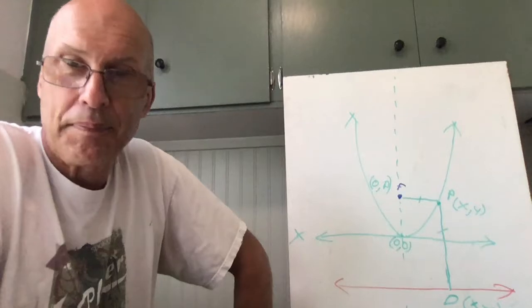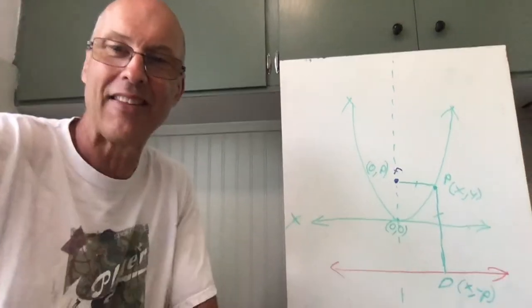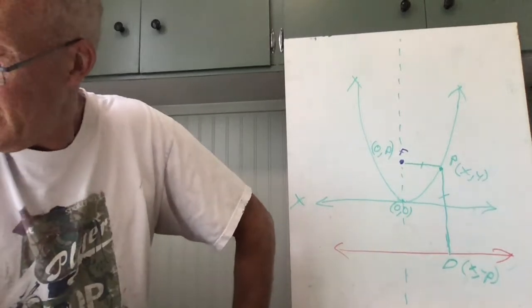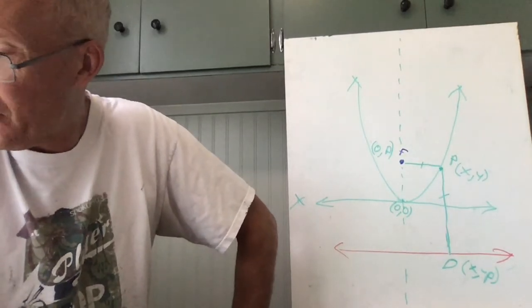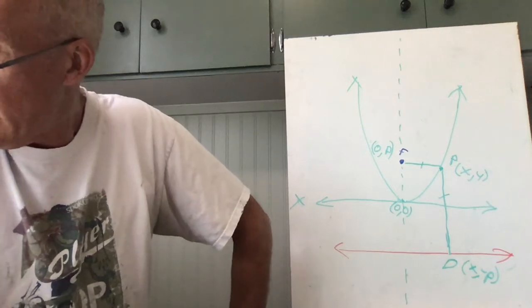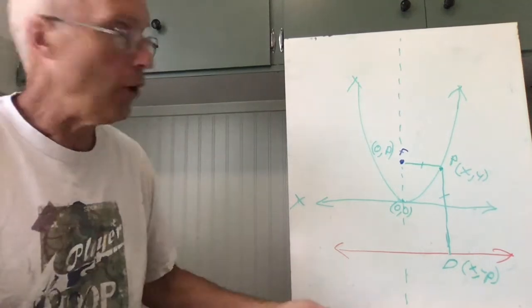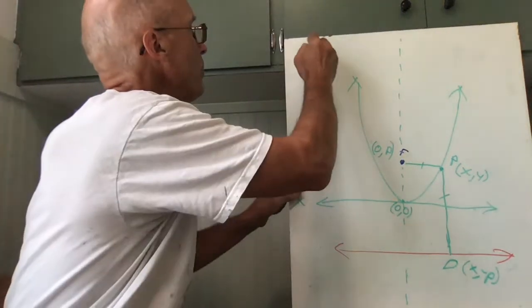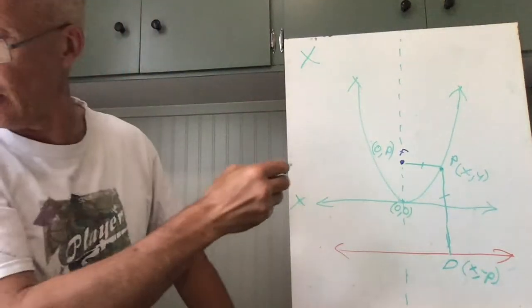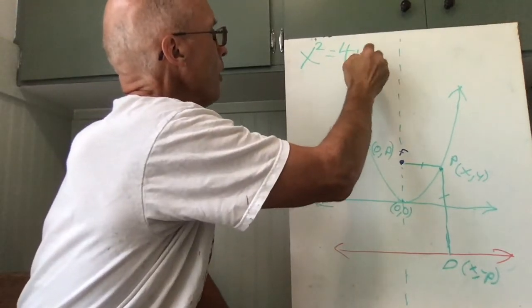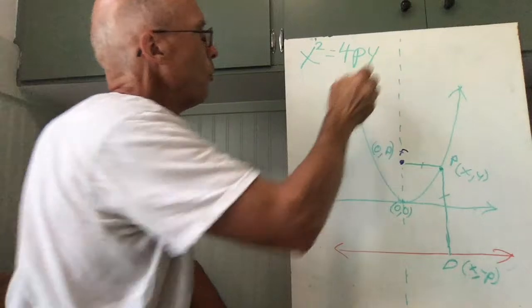So, now that you've got that, that's kind of the easy part, sad to say. Then they derive an equation, and I'm going to skip the derivation part. But if you have a parabola that opens up and down, then the equation is x squared equals 4py.